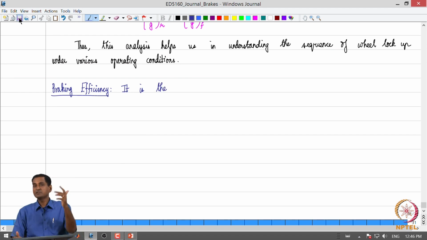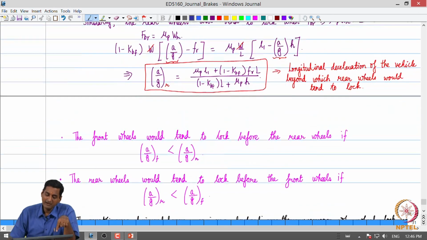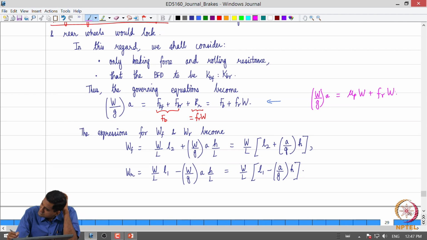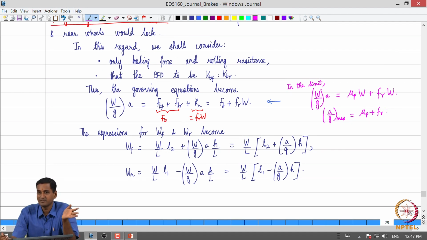Continuing upon the previous discussion, even if you look at the normalized deceleration that you can expect, if you look at W by G A, and you look at the limiting case, FB is going to be mu P times W plus FRW, right. So, this is the maximum, in the limit. So, theoretically the A by G max is going to be equal to mu P plus FR. Do you agree? Because if I cancel off W, right.